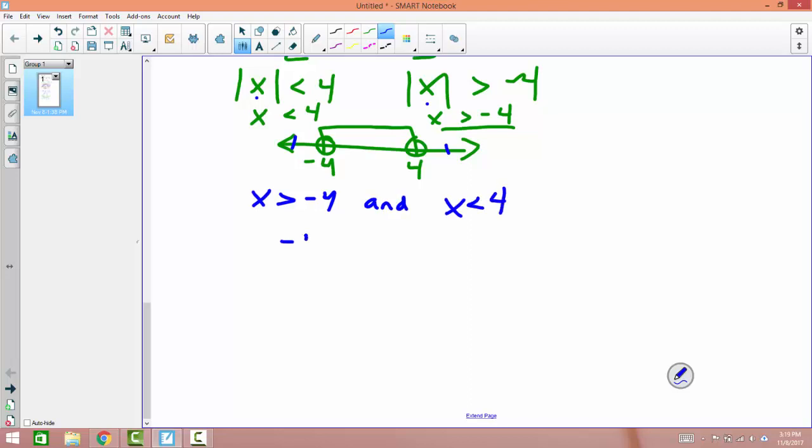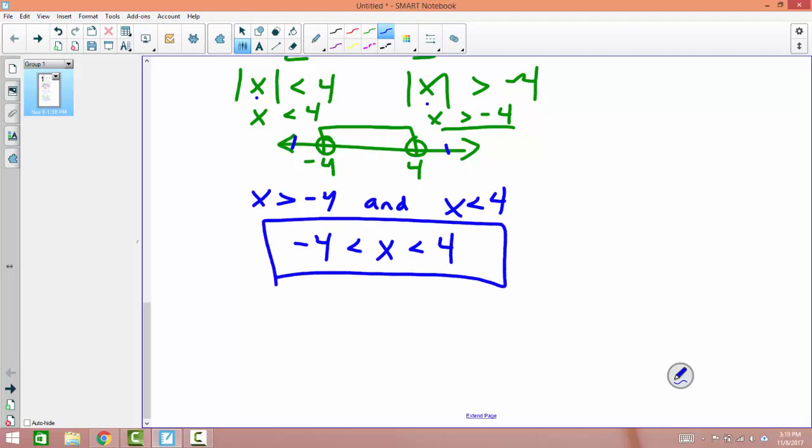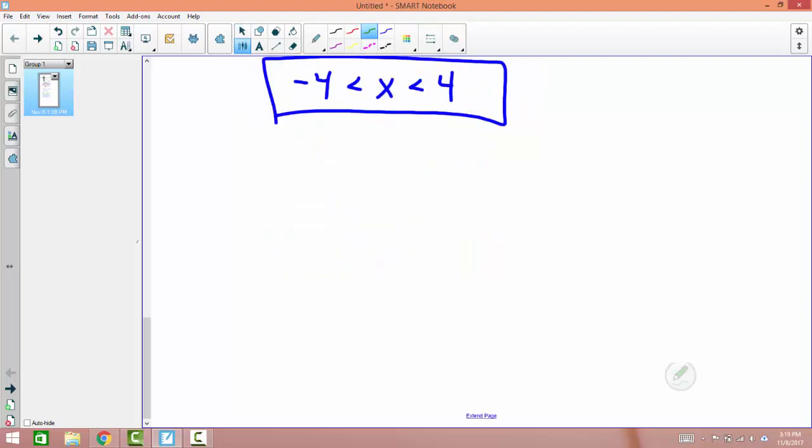The Pac-Man's going to eat the x. What is happening? All right, I do not know what's going on with my marker. And that means and.